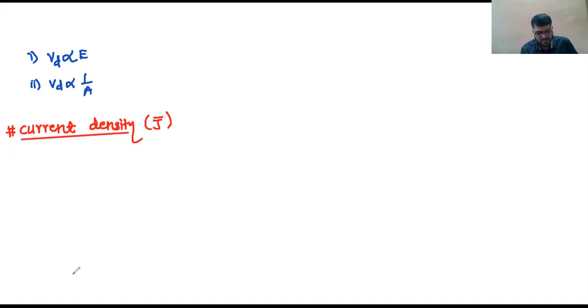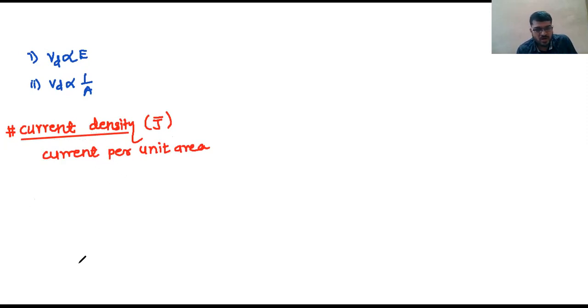This current density is nothing but current per unit area.